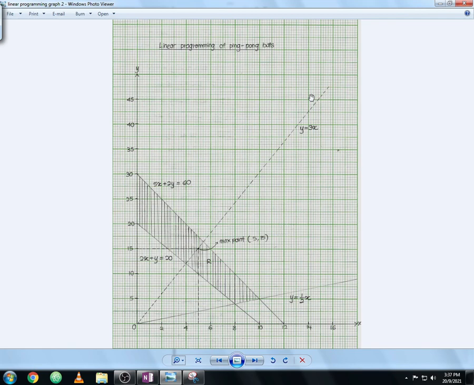Easy as that. Once you plot the graph, you need to find the maximum point. This is considered your new constraint, guys, this Y equals 3X. From there, you can find that your maximum point is 5, 15.